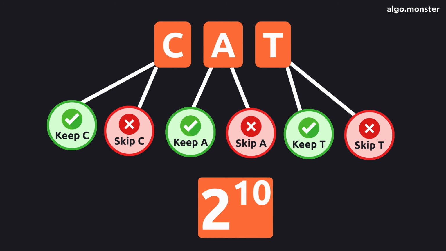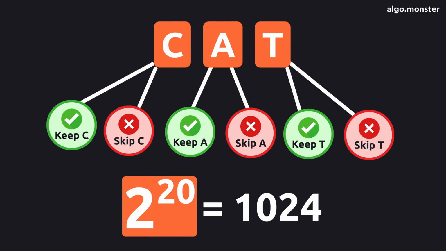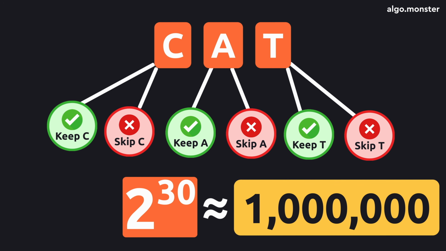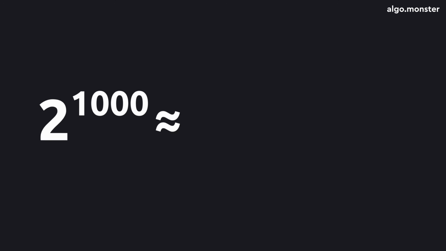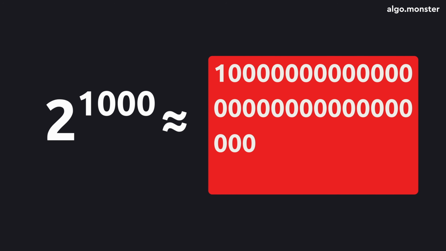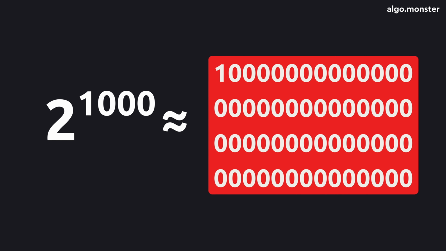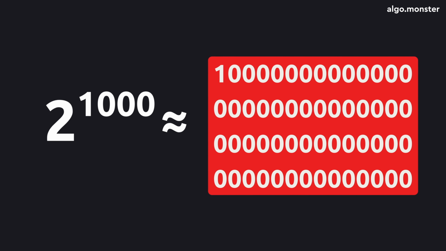If n is 10, that's 1024. Still manageable. If n is 20, that's already about 1,000,000. If n is 30, that's 1,000,000,000. And in this problem, strings can be up to 1,000 characters long. That's 2 to the power of 1,000 possibilities, a number with hundreds of digits. The universe will end long before our program finishes. So clearly, we need a smarter approach.